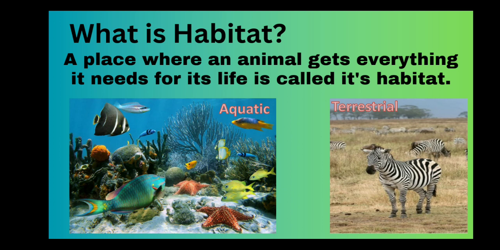And animals that live in water, they live in aquatic habitat. So habitat is a place where an animal gets everything it needs for its life. Right? So therefore, they can live over here. All their needs are fulfilled. And zebras cannot live over here. They are terrestrial animals and they will live in a terrestrial habitat where all their needs are met.